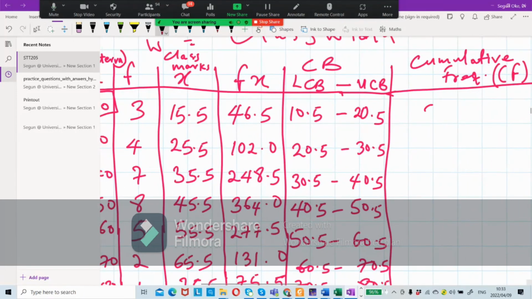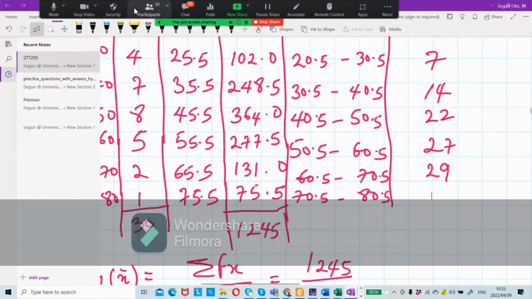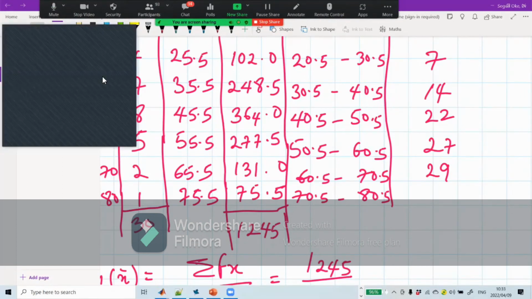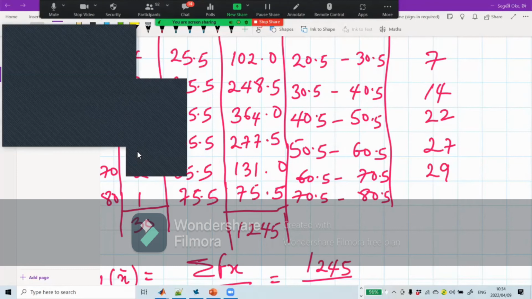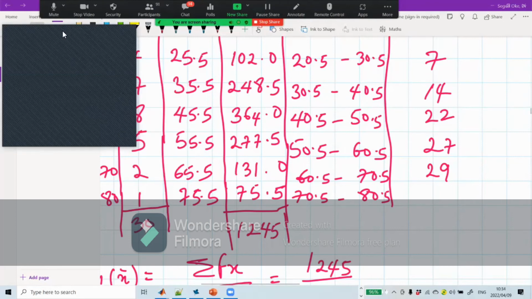The first one is 3. 3 plus 4 would be 7. 7 plus 7 is 14. 14 plus 8 is 22. 22 plus 5 is 27. 27 plus 2 is 29. 29 plus 1 is 30.